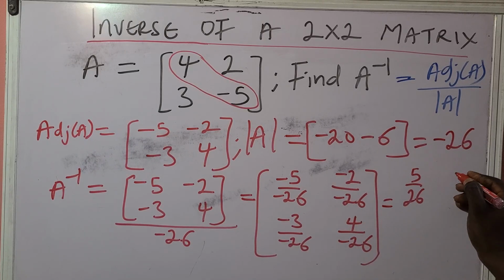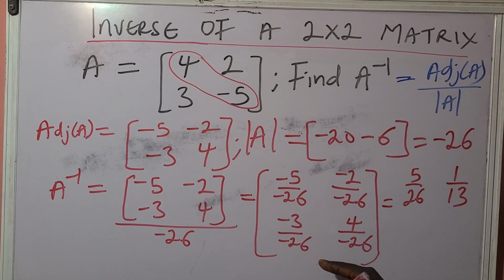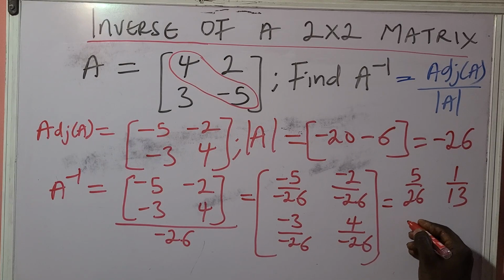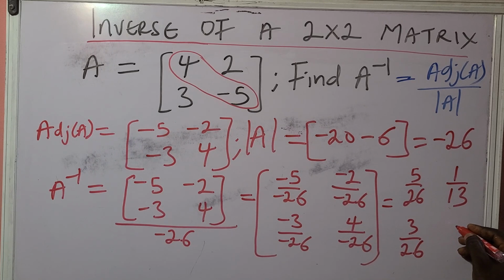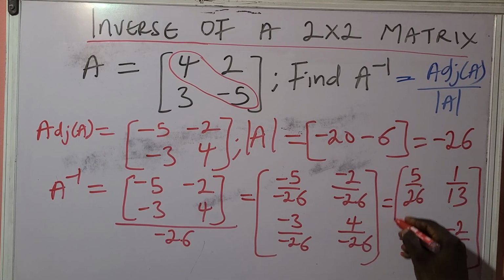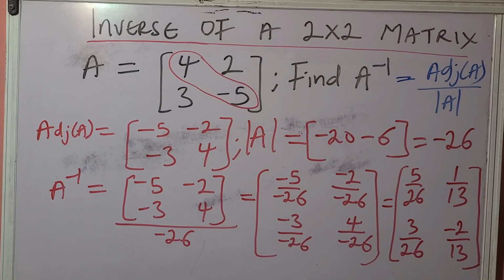Then here we'll be left with 1 over 13. We'll be left with 3 over 26. And we'll be left with minus 2 over 13. So this gives us the value for the inverse of A.